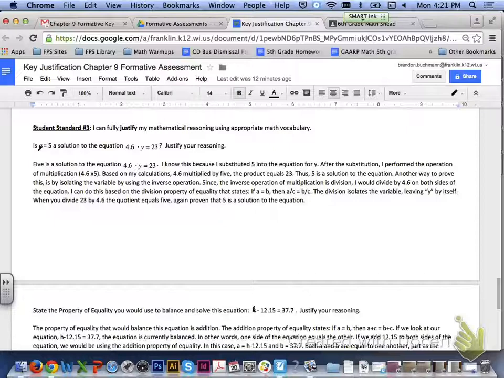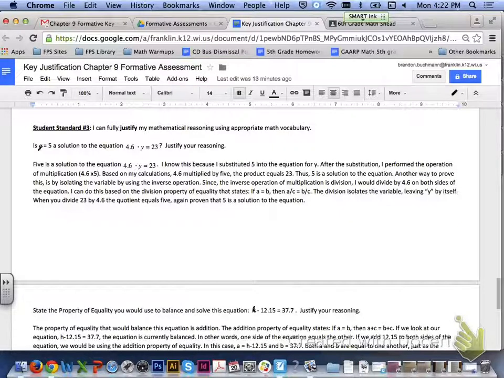Another way to prove this, so here's going a little bit above and beyond, is proving it in multiple ways. You should and can do this yourself. So make sure you do prove things multiple ways. Another way to prove this is by isolating the variable by using the inverse operation. Since the inverse operation of multiplication is division, I would divide by 4 6/10 on both sides of the equation.